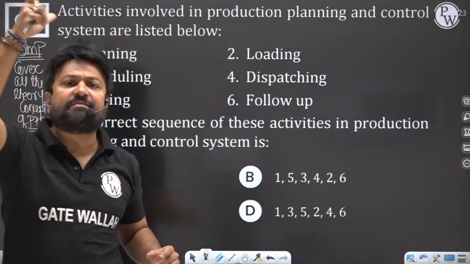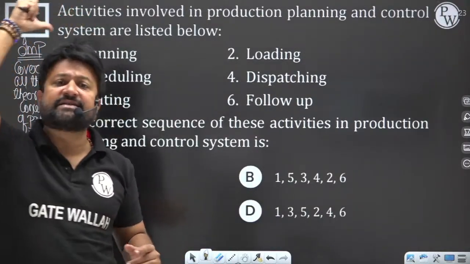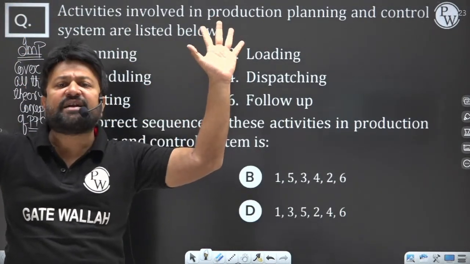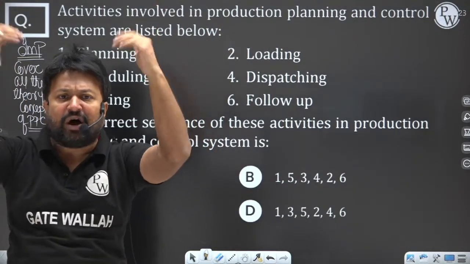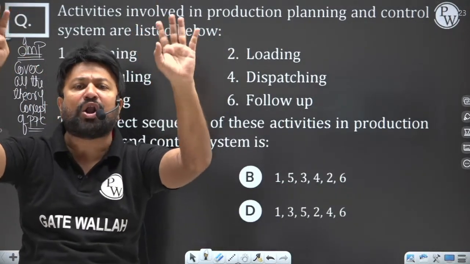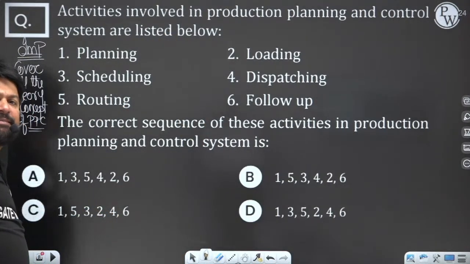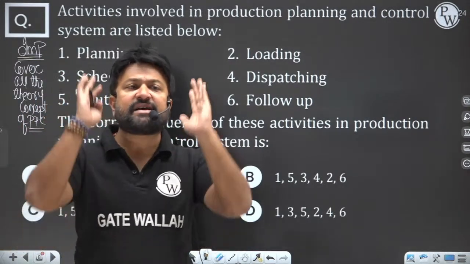Here PPC comes. PPC acts as the nervous center for planning the activity and sending the continuous stream of direction to all the manufacturing departments, my dear. So here PPC has some functions, has some activities.